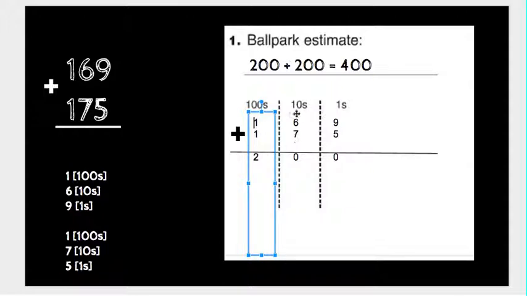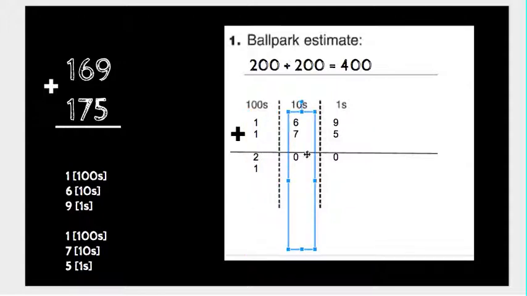Alright, let's look at the 10s. 6 10s plus 7 10s is 13 10s. But we can't put a 13 here, so we have to break it up. So we're going to put a 1 in the 100s and a 3 in the 10s. So this represents 13 10s.